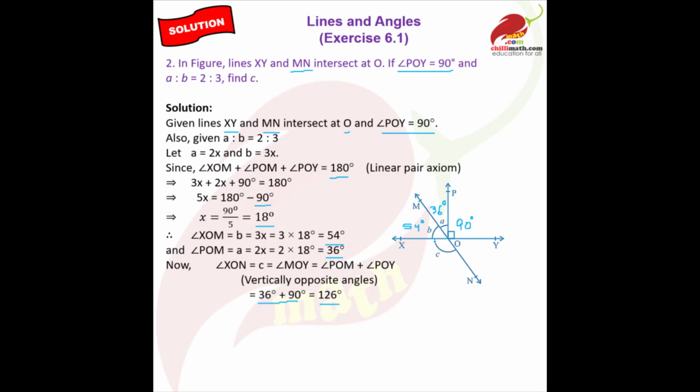This C can be solved by other method also, like B plus C, as we know, are making a linear pair, and B is given 54 degree, so we can find C is equal to 180 minus 54, 126 degree. So there are many ways to solve a sum. I hope you understood this. Therefore C is equal to 126 degree.